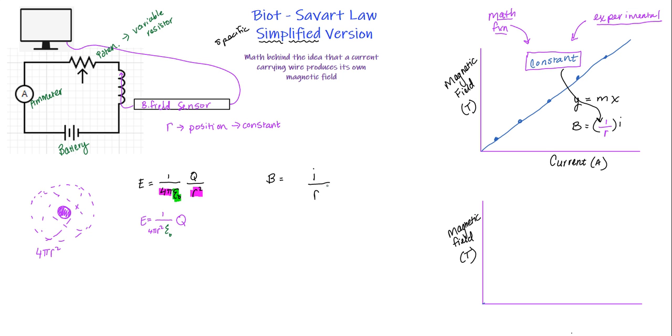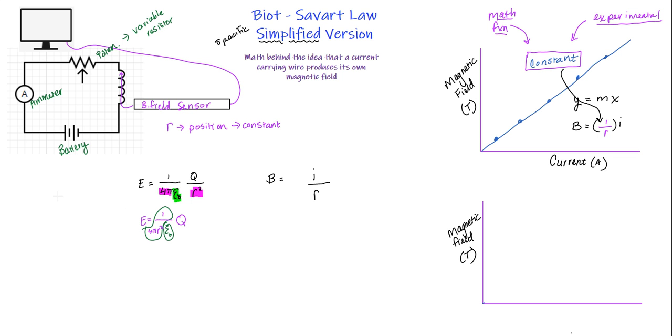So when we come to this magnetic field equation, we're going to do something pretty much the same. There's going to be some spatial value, and there's going to be some geometric component to the situation. But instead of being a surface like this, let's take a look at the wire again.